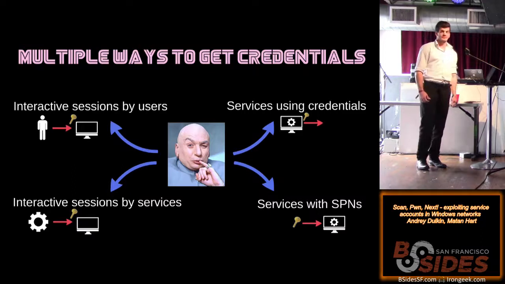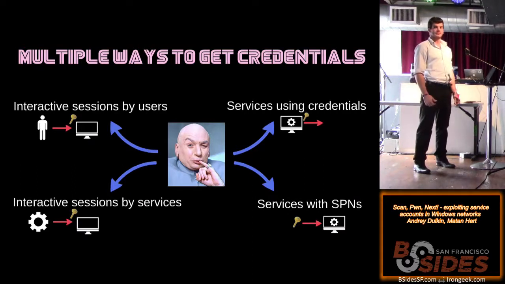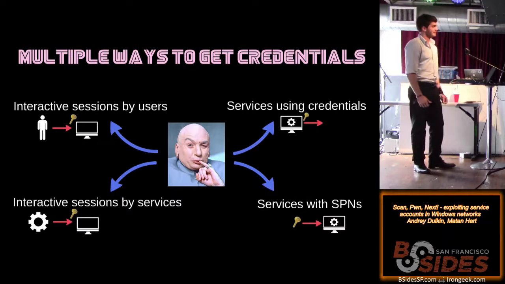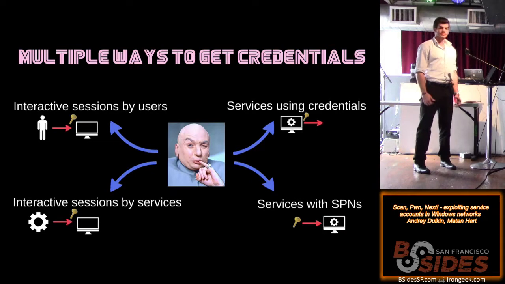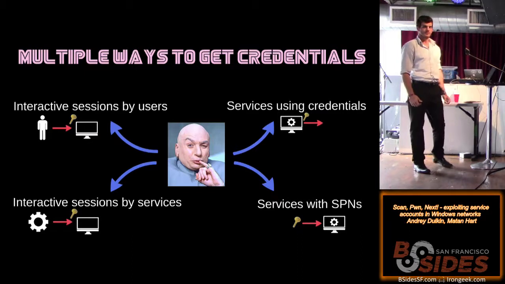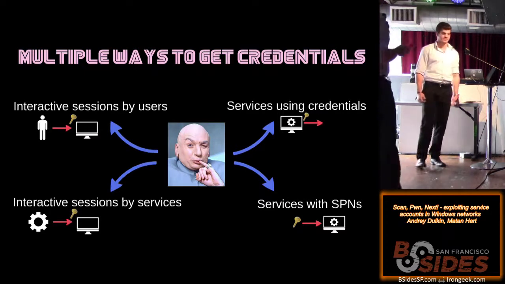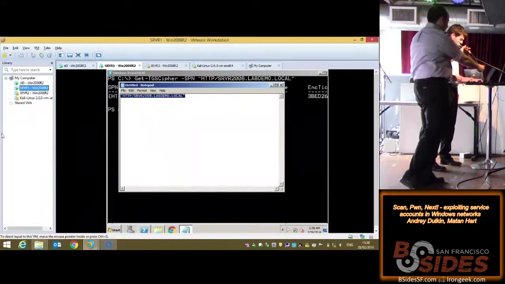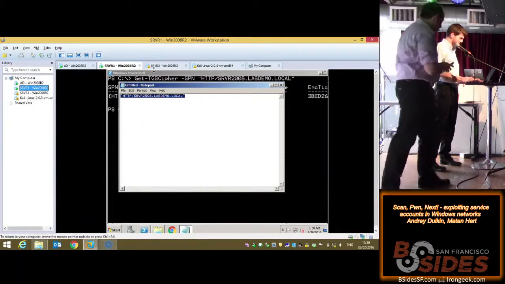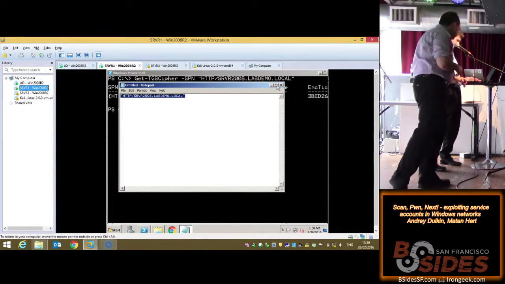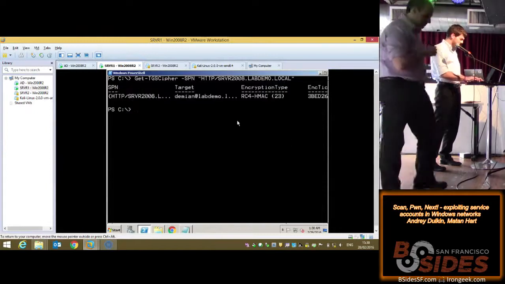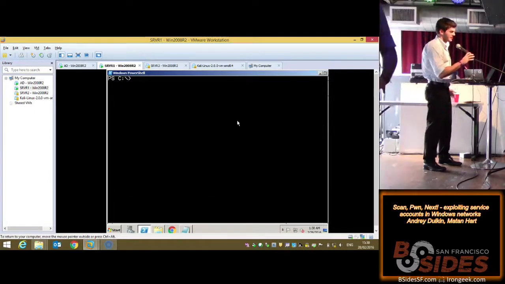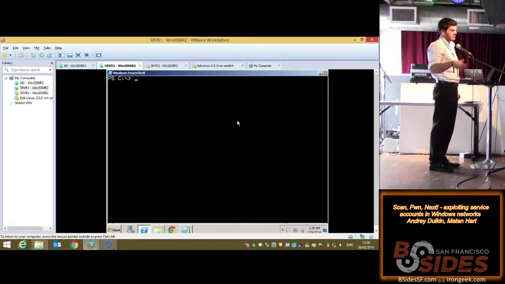So it's mainly a question of whether the attacker is able to discover those SPNs, those services that are configured with user accounts and could potentially be lucrative for exploitation. And for that, we have another script, which is available on GitHub too, which actually finds the risky SPNs in your network.